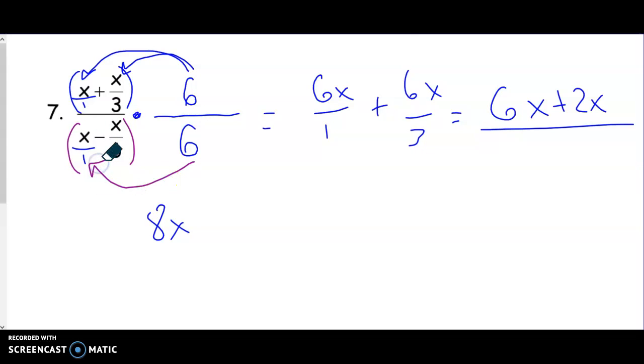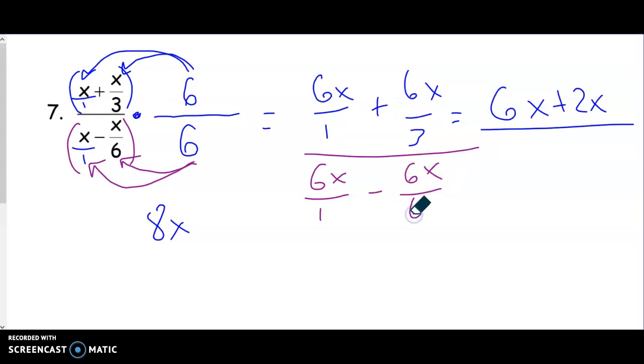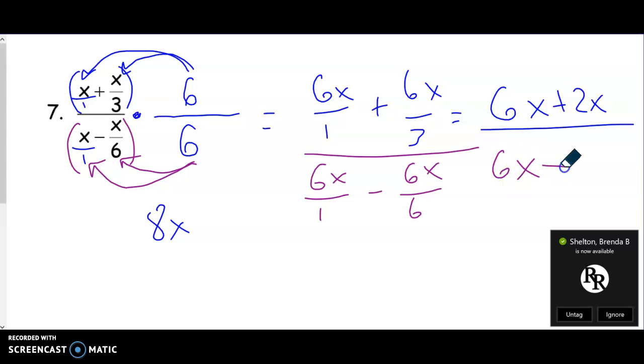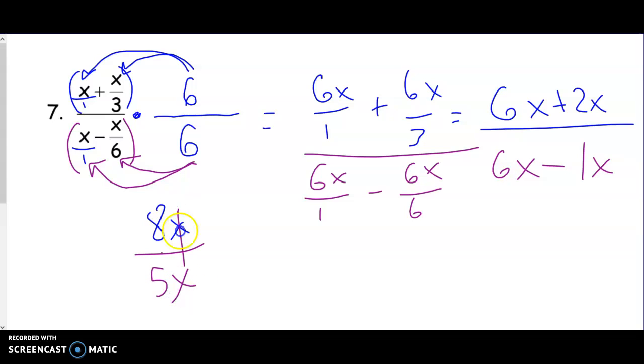So 6 times this guy. So 6x over 1, which is just 6x. 6x over 6, which is 1x. So we end up with 6x minus 1x, which is 5x. And just like the previous method, our final answer is 8/5.